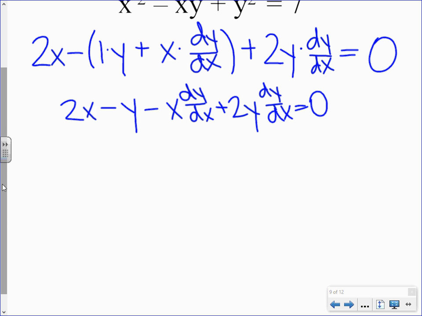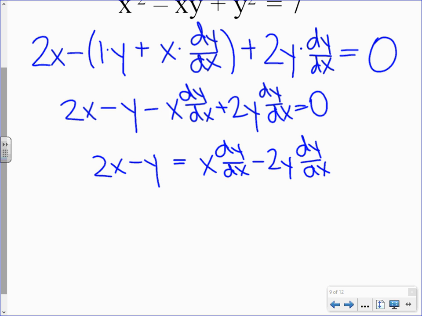Okay. Let's see, what do we do now? Sammy, what do we need to do? Move the two that have the dy dx to the other side. Okay, so you're saying you want to move these two over? Yeah. Okay, so Sammy said leave 2x minus y, but then add x dy dx and subtract 2y dy dx. Now we have terms with dy dx on one side, terms without dy dx on the other side.